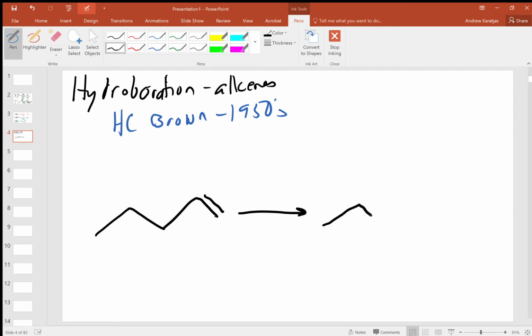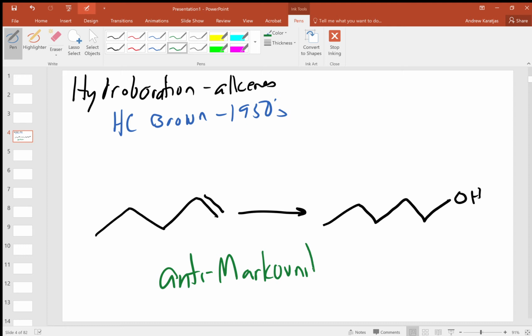The difference with hydroboration is that it's an anti-Markovnikov process. And by anti-Markovnikov, we mean that the OH group ends up on the less substituted carbon.